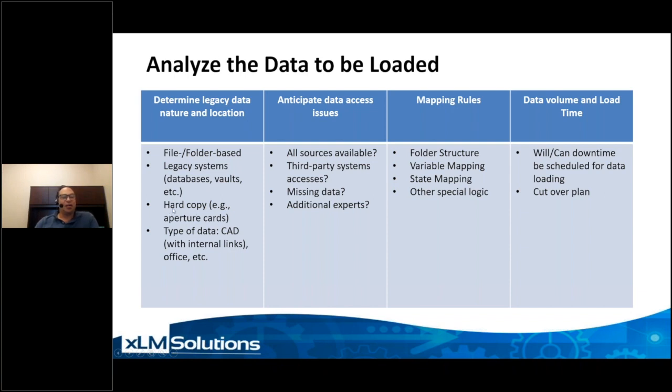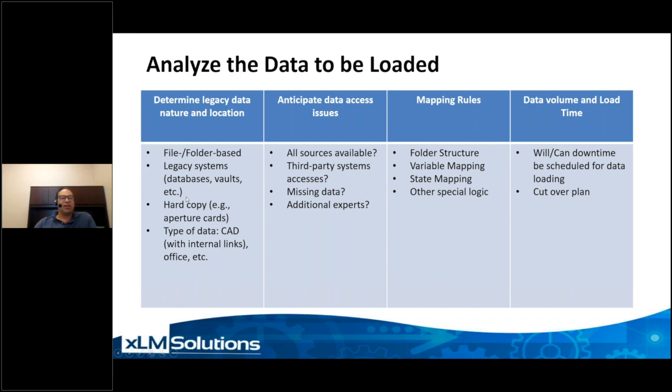Normally in 2023, we're not coming across that very often, but in the past, we've dealt with companies that had filing cabinets with drawings that we needed to scan and migrate in. And when dealing with data, you want to keep in mind whether it's CAD data that has links and relationships. Maybe it's data that has files like Office documents, images, PDFs, or it could just be metadata itself, something that describes an item or a part, and the relationship or bill of material between the parts.